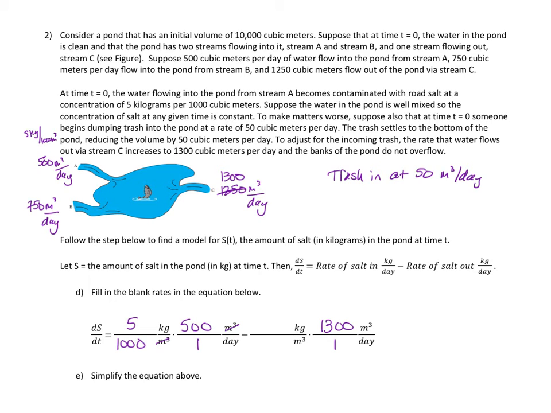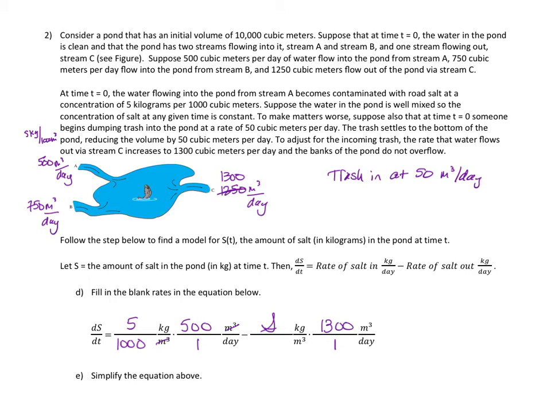So the concentration is measured by how many total kilograms there are over the total volume. So the total kilograms of salt is the thing we're trying to model, right? It's S. S represents the amount of salt in the pond in kilograms. So on the top, I'm going to put an S here. And on the bottom, I want to put the volume of the pond in cubic meters.